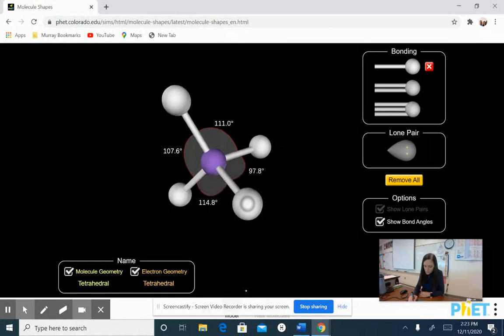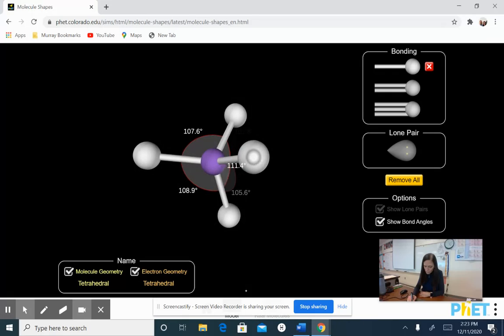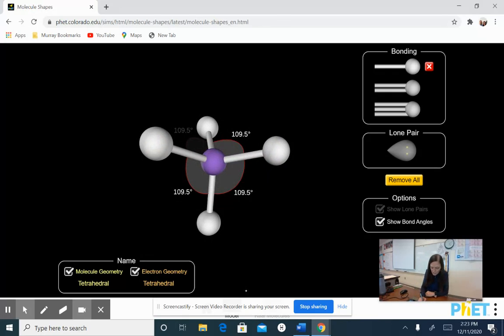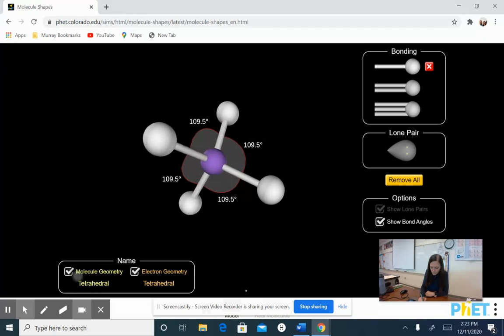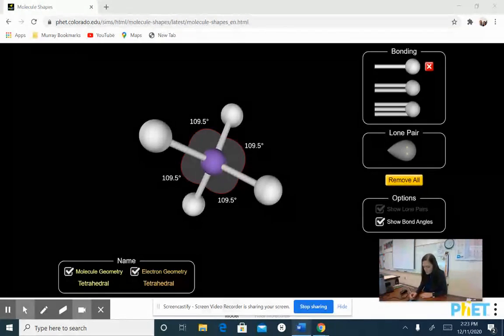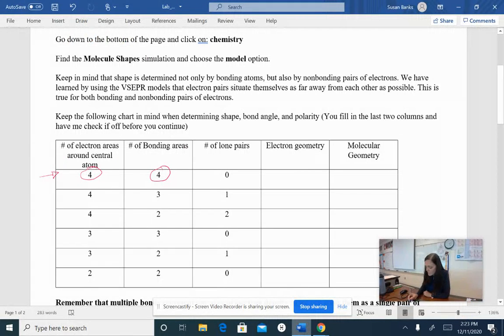I can move this molecule around so that I can see what it looks like three-dimensionally. Notice down here, I have my molecular geometry, which is tetrahedral, and my electron geometry, which is also tetrahedral. So this is what we're going to want to put on our table here. We want to know the shape of our electron geometry, and that was tetrahedral. And our molecular geometry was also tetrahedral.